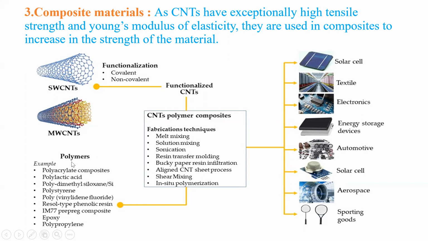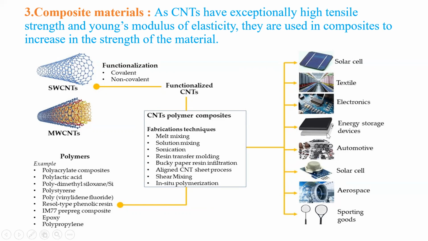Some examples of CNT based polymer composites are polyacrylate, polylactic acid, polydimethylsiloxane, polystyrene, polyvinyl fluoride, epoxy, polypropylene, and so many polymers are there, and each polymer has its own application. And we use single wall carbon nanotubes as well as multi-wall carbon nanotubes for making composites.